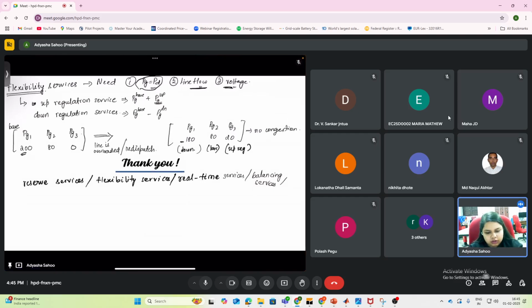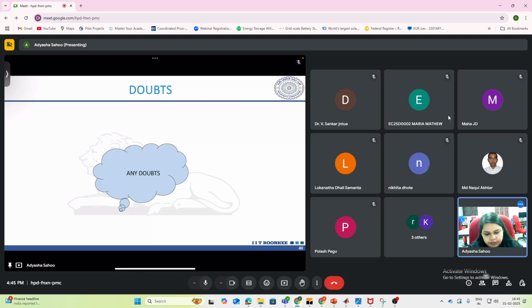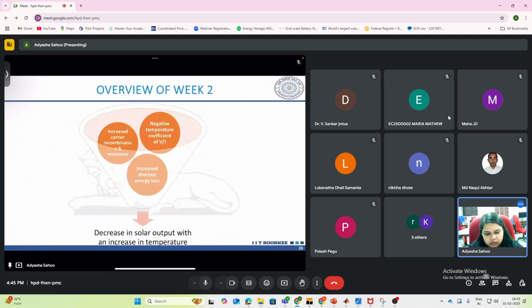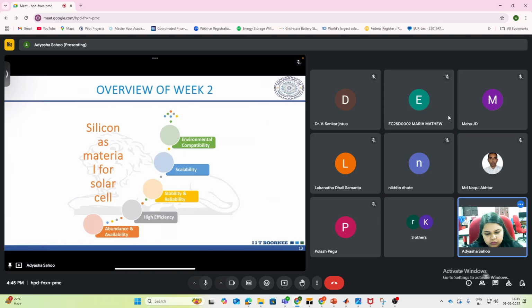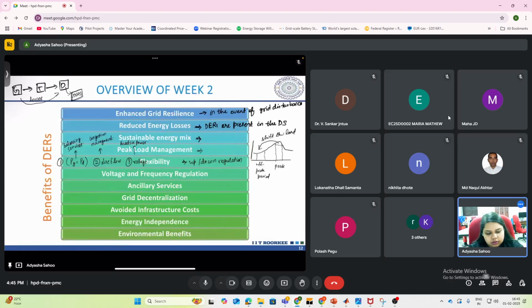So these are the different types of flexibility services. Then voltage and frequency regulation that we talked about, and ancillary services are basically services that support the delivery of power.